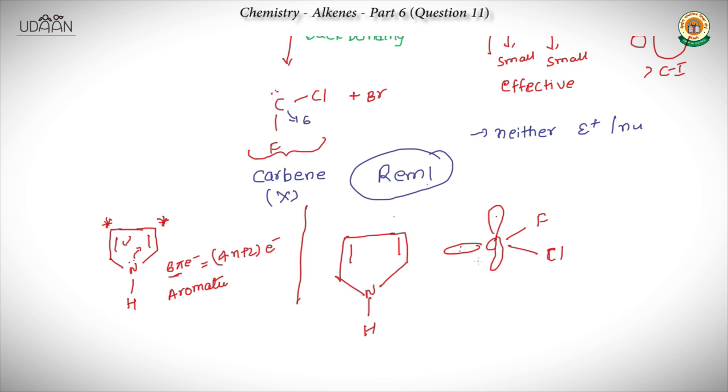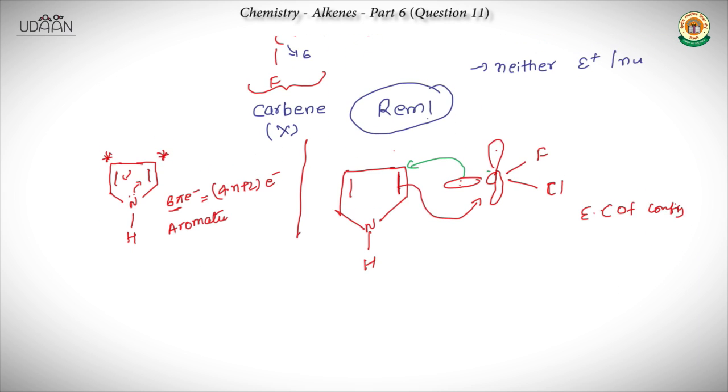You can note that the carbon here has a vacant orbital by writing the electronic configuration of carbon. Now this one, this C double bond C, donates its electrons to this carbon, and this carbon in turn donates its electrons to this carbon, which will now get a positive charge. As a result of it, you will get this compound.